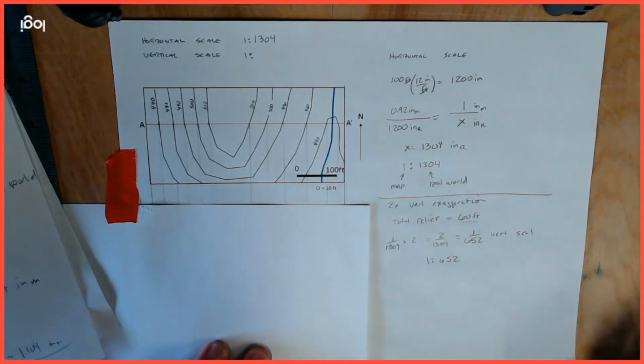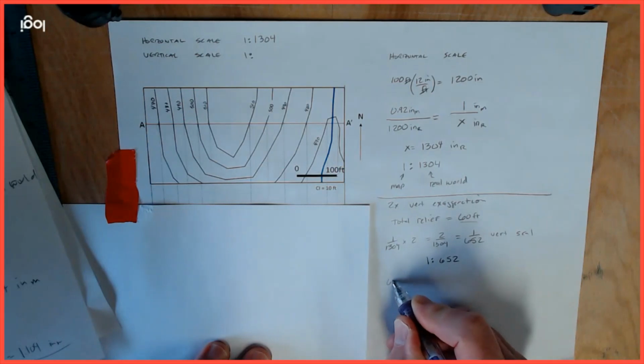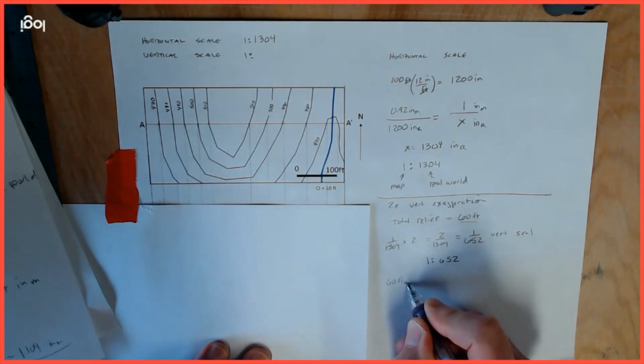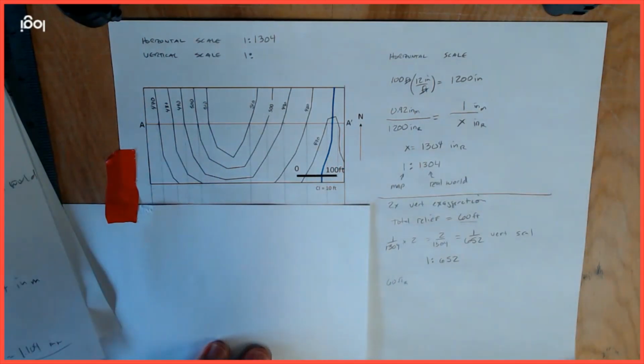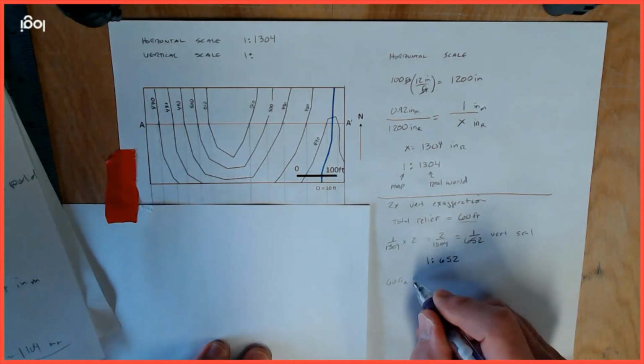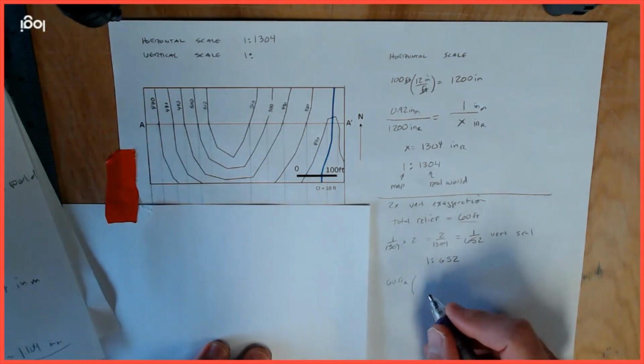Now we need to figure out, is that going to work for us? So if we take 60 feet, I'm going to put subscript R for the real world. That's our maximum relief of this map. We said that here, 60 feet. We want to convert that into inches measured on the map for our vertical scale.